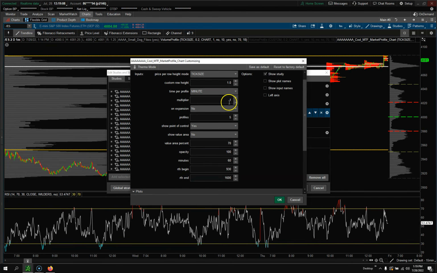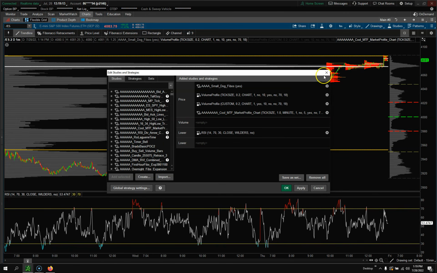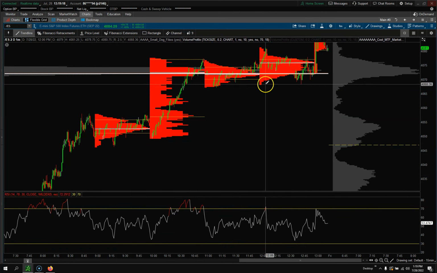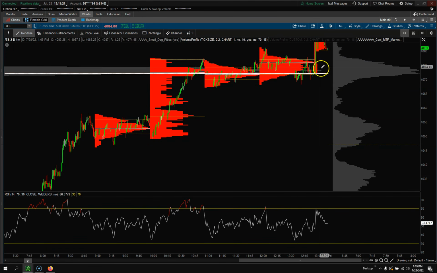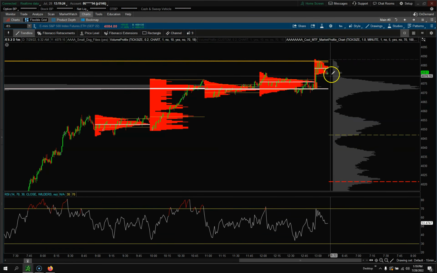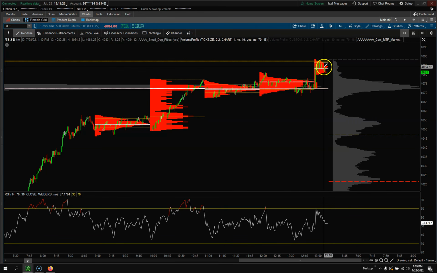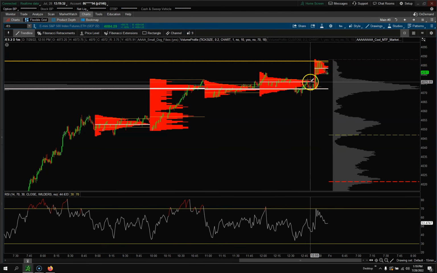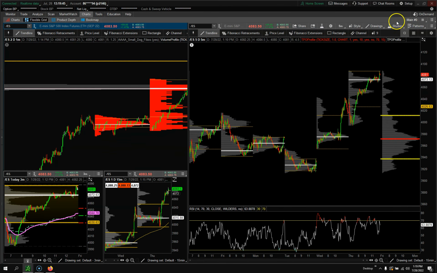So if you want to change this to a 5-minute or anything like that, play around with it. It's really cool because it's just for this time frame, and you can trade based off that time frame. All the profile is over here, and pretty much these are 1 hour worth of time. As we pull back, look how we came to the point of control, fell, bounced, and traded around there.